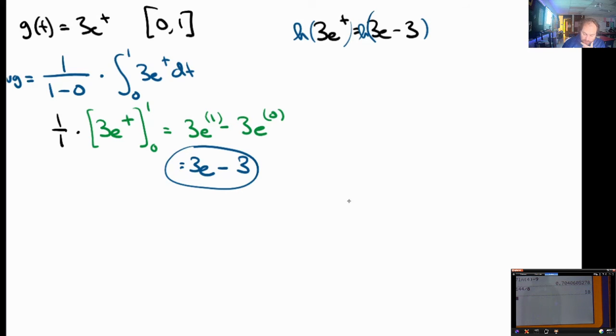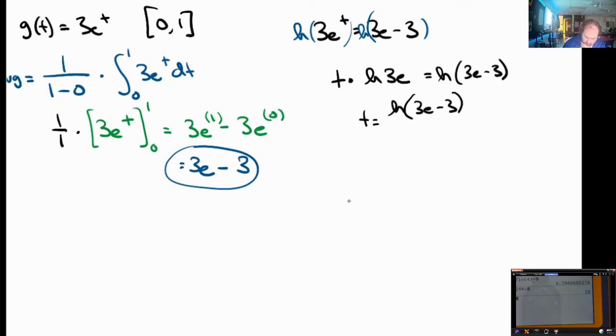What that will do is it'll pop the t down as a multiplier in front. Natural log of 3e minus 3. And so t is going to equal the natural log of 3e minus 3 over the natural log of 3e.